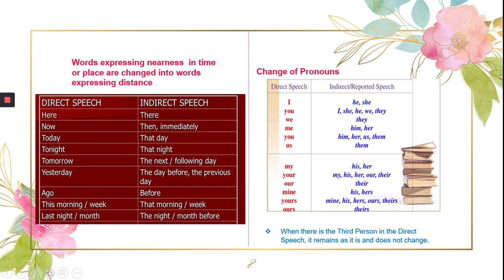Tonight becomes that night. Tomorrow becomes the next or the following day. Yesterday becomes the day before or the previous day. Ago becomes before. This morning changes into that morning. Last night changes into the night before.